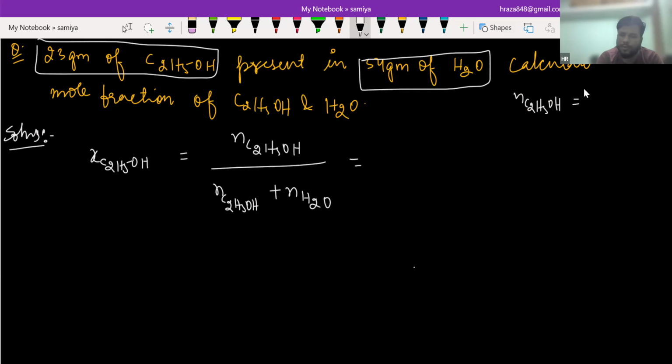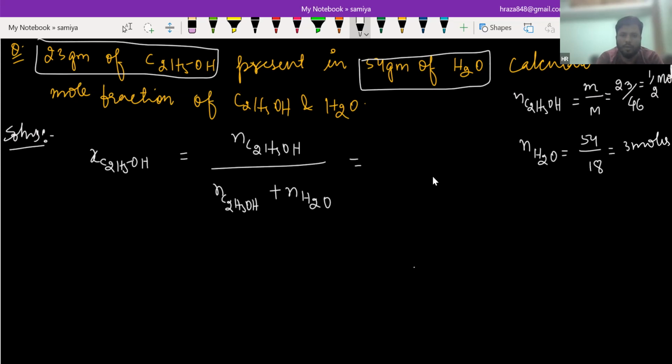Number of moles of C2H5OH will be given mass upon molar mass: the given mass is 23 and the molar mass of C2H5OH is 46, so it will be 1 by 2 moles. Again, number of moles of H2O is given mass 54 upon molar mass 18, so it will be 3 moles.